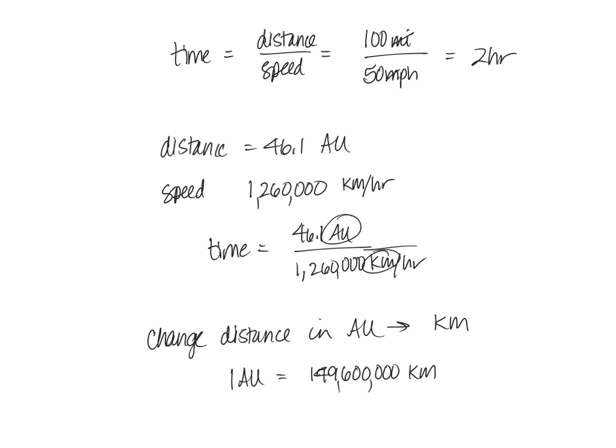And so what we want to do is we take 46.1 astronomical units and we use the equivalence that we just found. 1 astronomical unit is 149.6 million kilometers. And so these two things are the same, so this ratio is equal to 1.